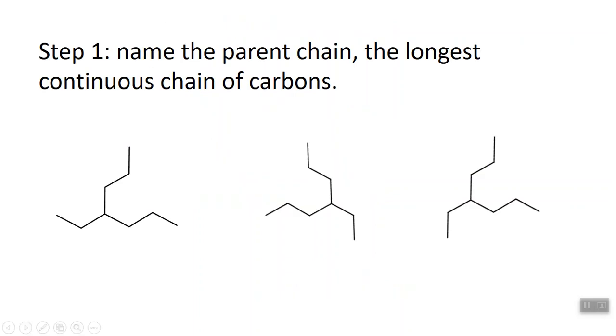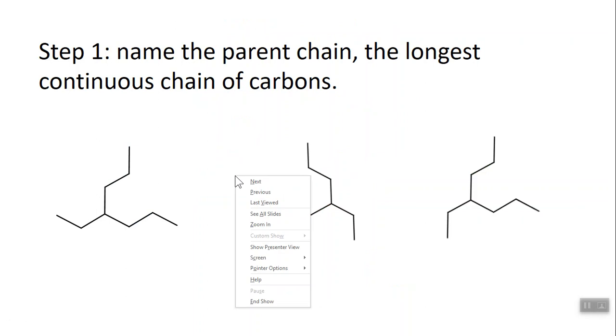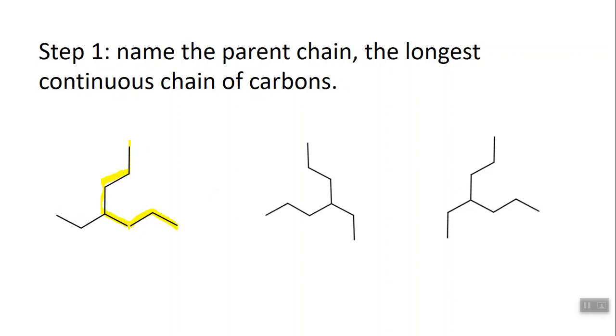So the first step in naming is to name the parent chain. And when you do that, you look for the longest continuous chain. And sometimes this is hard because the tendency is to want to just choose the chain from left to right, because that's how we read.